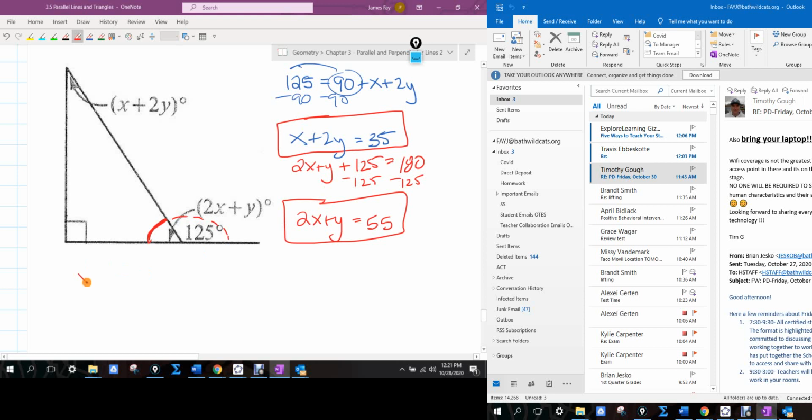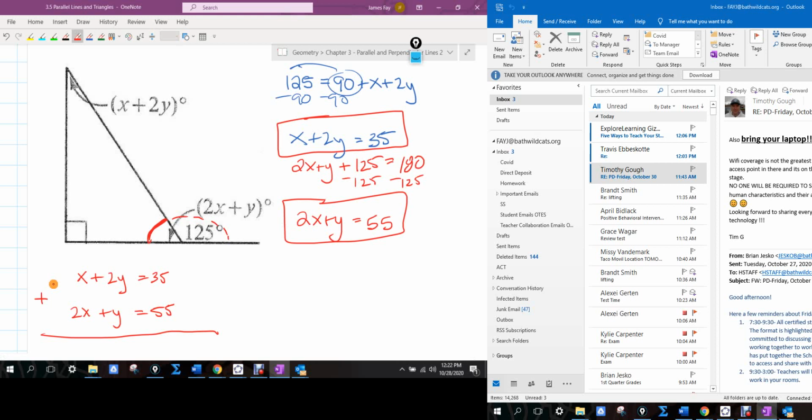You guys remember taking these and stacking them so that your x's are aligned, your y's are aligned, and your constants are aligned, right? And we're going to add straight down. Now, if I left it this way, does anything cancel out? If I add straight down, I get 3x plus 3y, right?